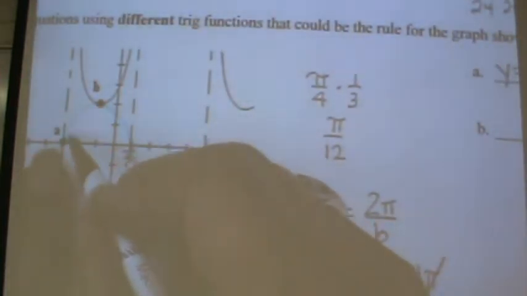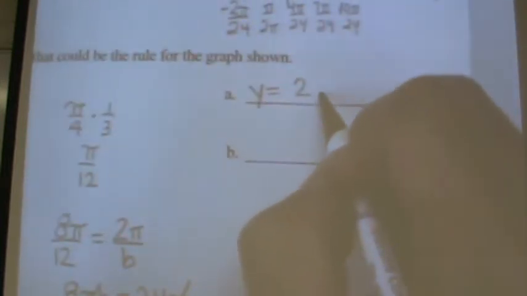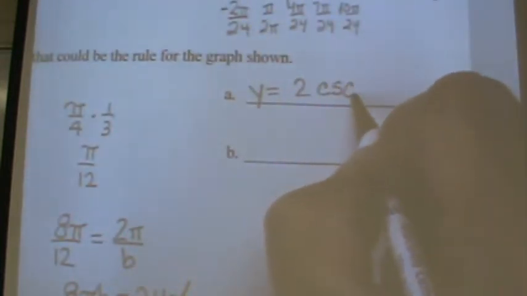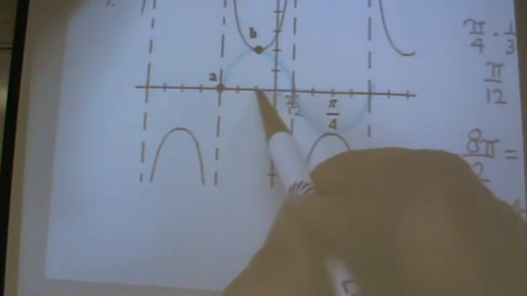And it's not upside down, it's starting here and going up, so it's a positive 2. Instead of writing the sine graph, what's the reciprocal? Cosecant. And the B value we just found is 3. This is a phase shift of, each of these are a twelfth, so 1 twelfth, 2 twelfths, 3 twelfths to the left, so it's plus 3 pi over 12.